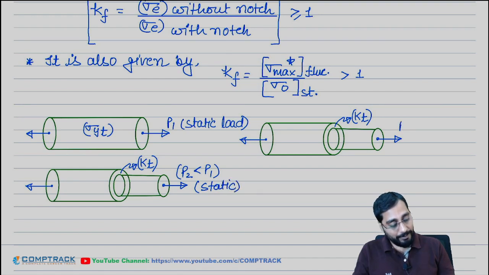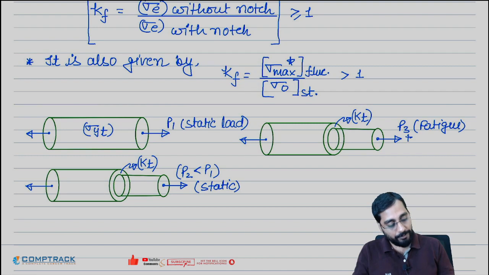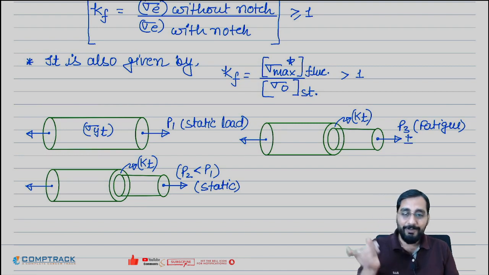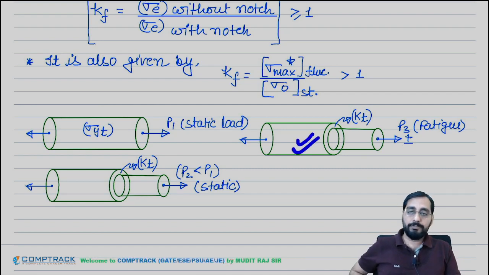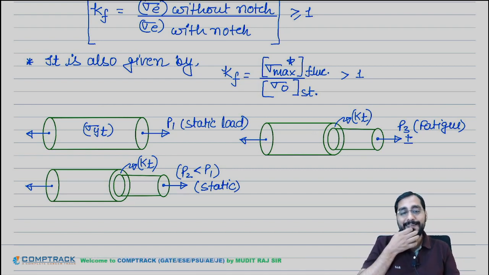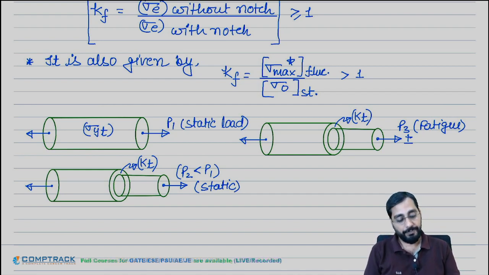If I apply here P3, and P3 is a fluctuating load, then if I apply P3 even less than P2, failure will start. Yes or no? Failure will start even at a load lesser than this.